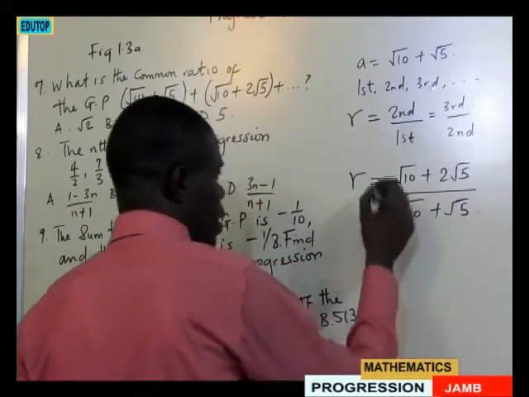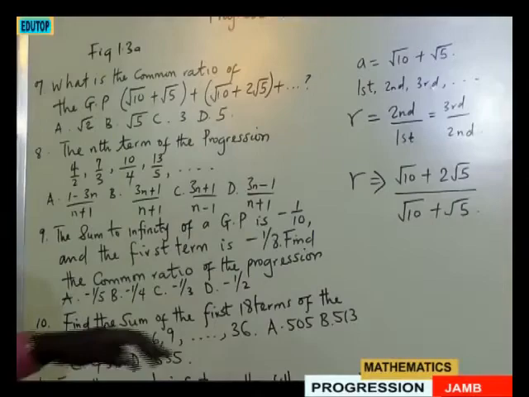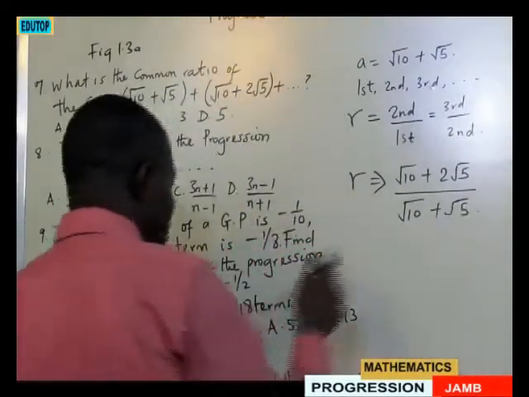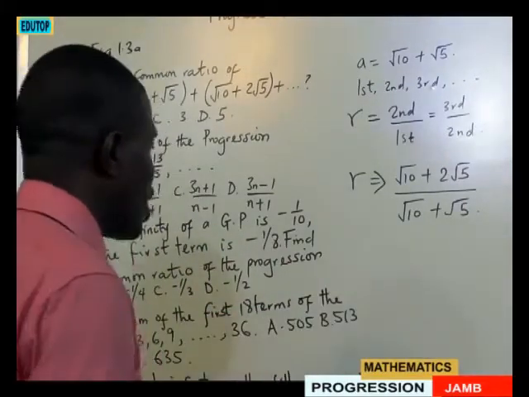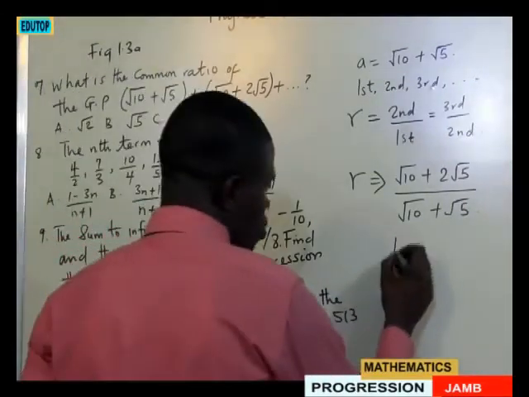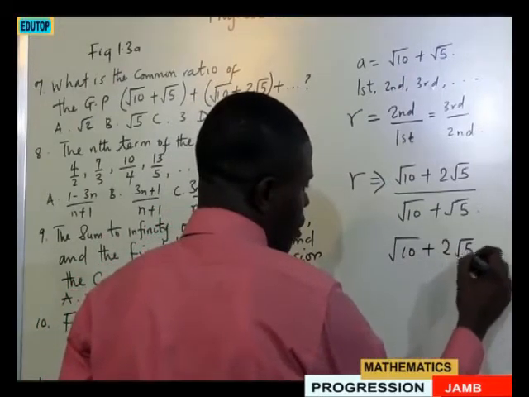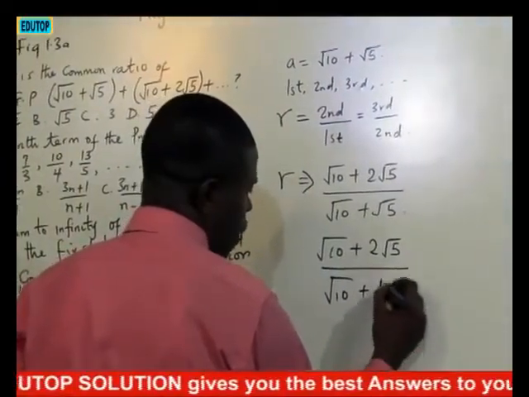You can see what I'm saying. The question asks us to find our common ratio, and our common ratio can only be determined by rationalizing this expression. So we have root 10 plus 2 root 5 divided by root 10 plus root 5.